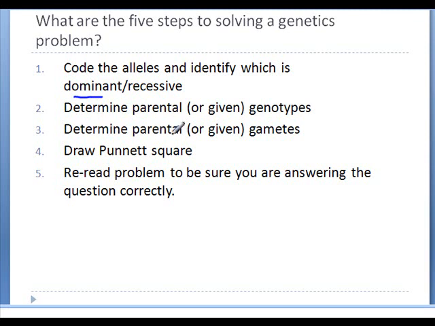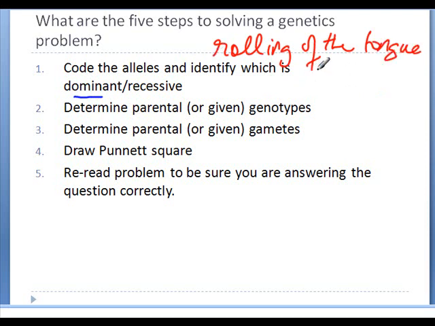Next, parental or given gametes. So learn how to make a gamete. We'll first pick a characteristic. For example, let's say rolling of the tongue is a dominant feature.